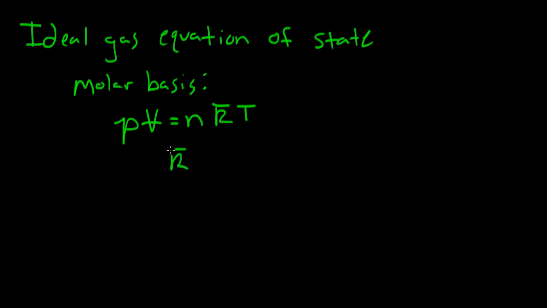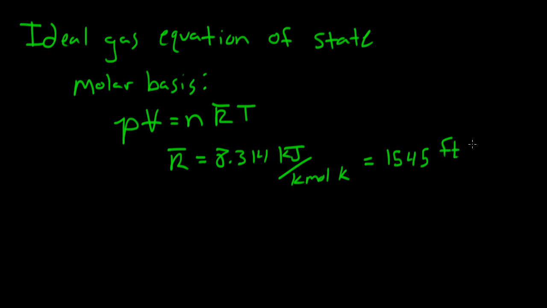R bar is the universal gas constant. It has a value of 8.314 kilojoules per kmol Kelvin, or 1545 feet pounds force per pound mole degree Rankine. This universal gas constant applies to all gases.